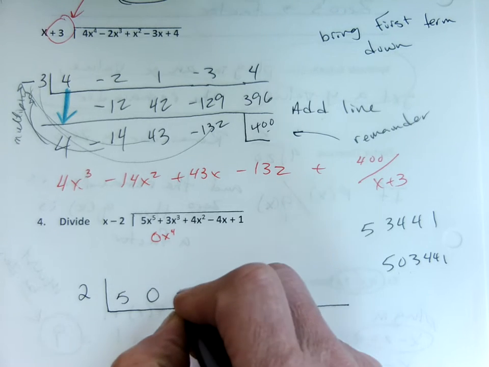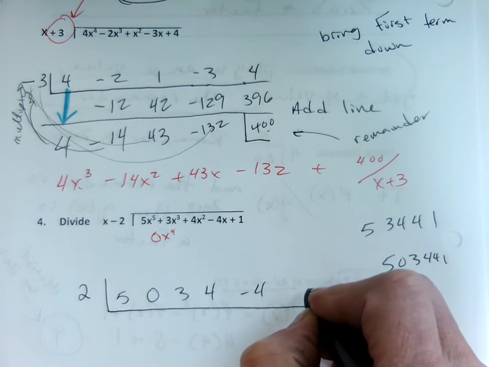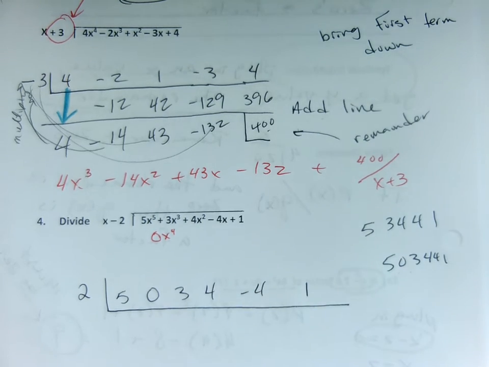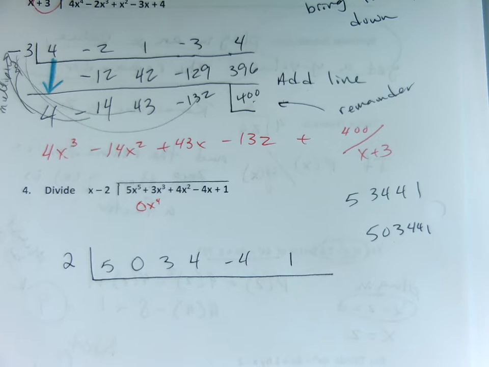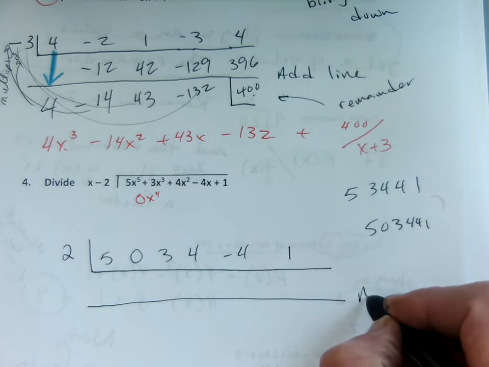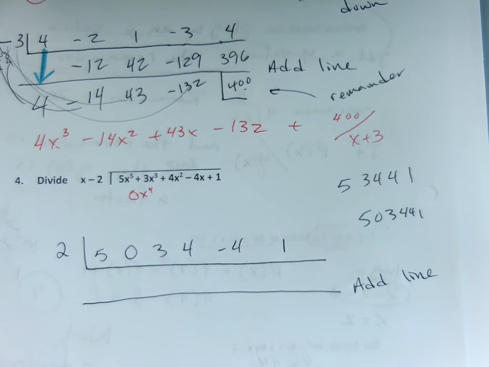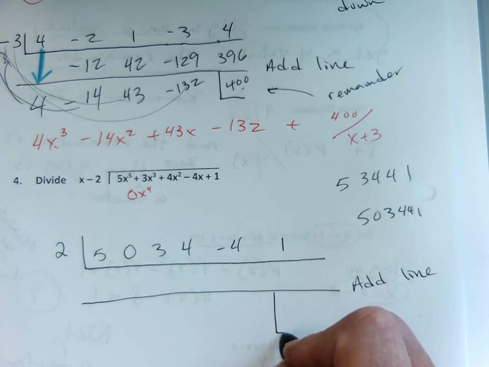Gotta have a 0. 3, 4, negative 4, 1. Good, good. Now what should we do? Bring down the first term. Not yet. We need my add line. And then last, we make our remainder box. Okay, there's my remainder.